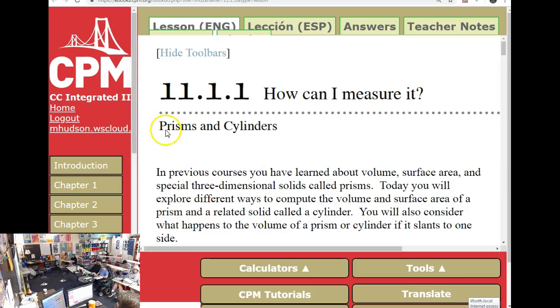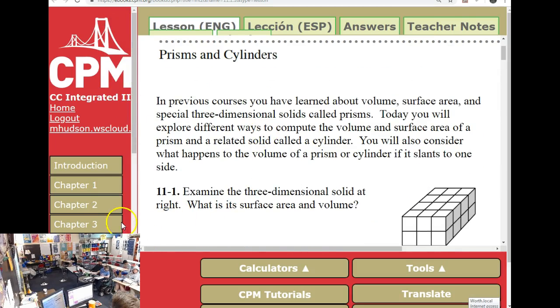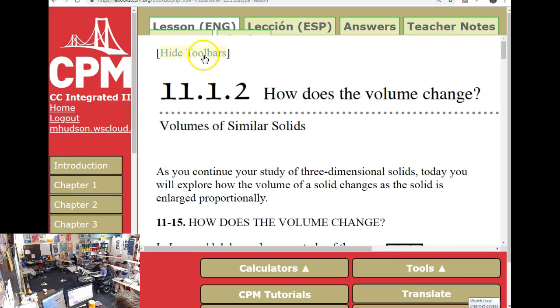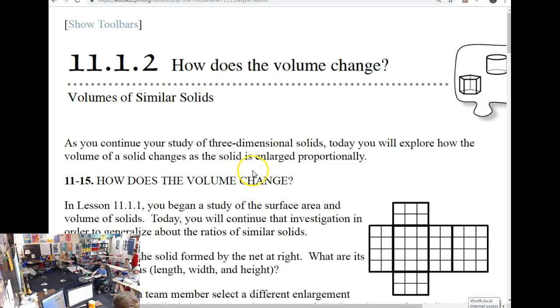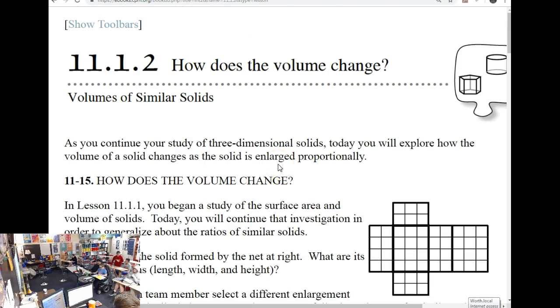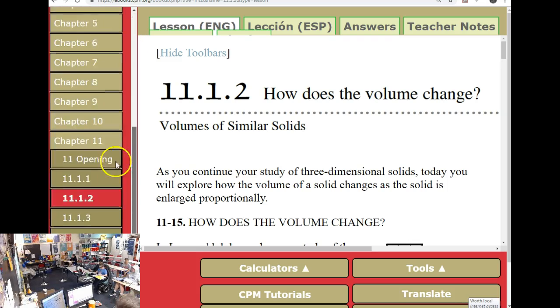But 11 deals with prisms and cylinders, volumes, and surface areas. So it's a short chapter, but it gets into the fact that when we have a similarity ratio, like when we double the lengths, that does not hold true for the volume, right? Which we've talked about multiple times. When we double lengths, we don't double volume. It's actually that scale factor squared or cubed, depending on whether you're doing area or volume.